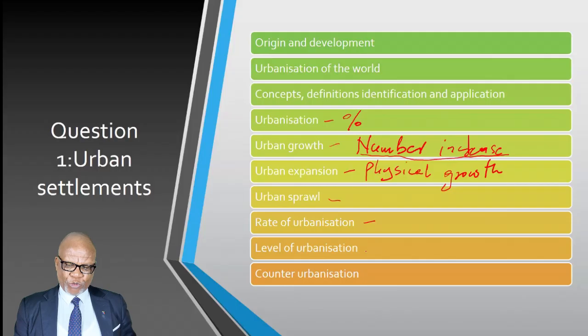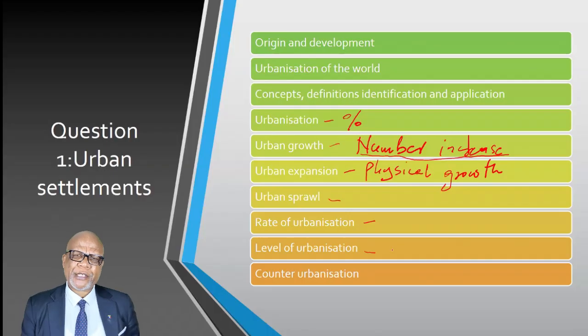So then we talk about level of urbanization. Level of urbanization simply refers to the percentage of urbanization. It refers to the actual percentage of urbanization that has taken place. So we can have a high level of urbanization.